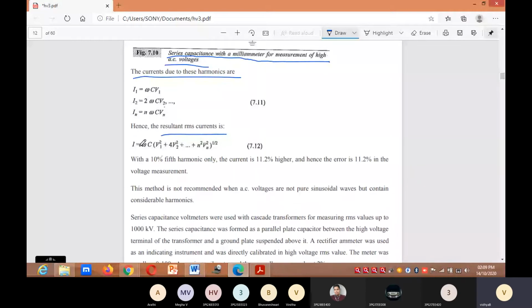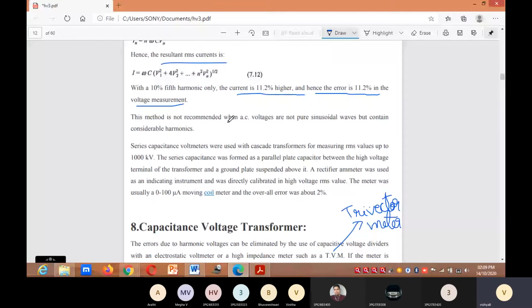With a 10% fifth harmonic only, the current is 11.2% higher, and hence the error is 11.2% in the voltage measurement. This method is not recommended when AC voltages are not pure sinusoidal waves but contain considerable harmonics.